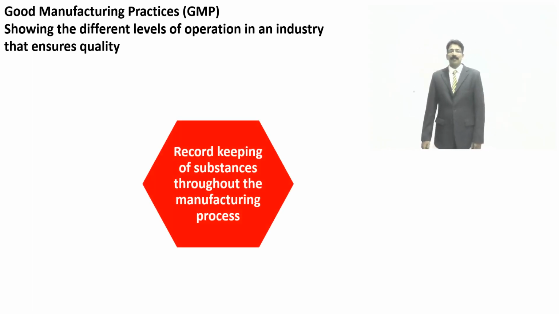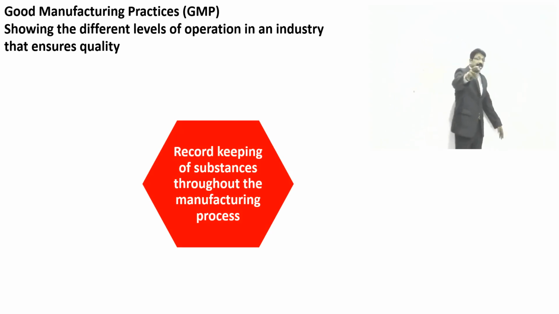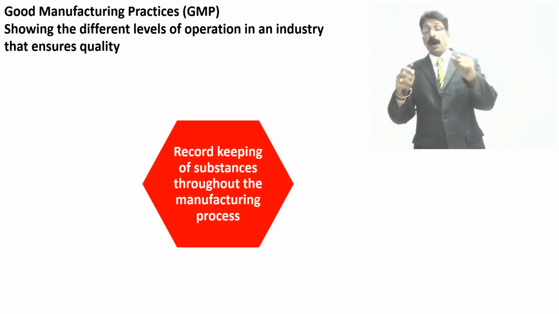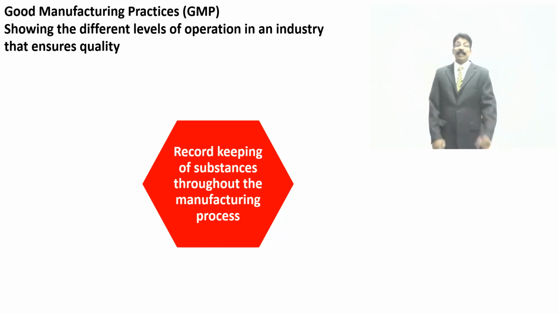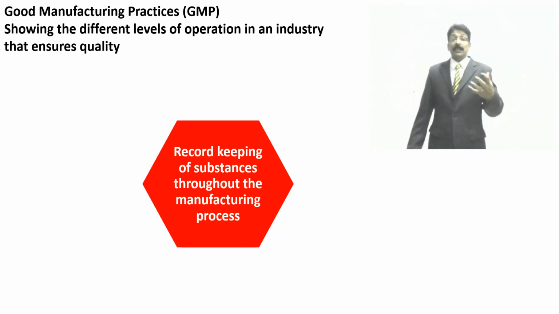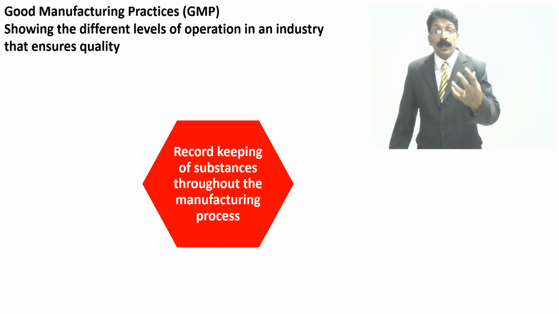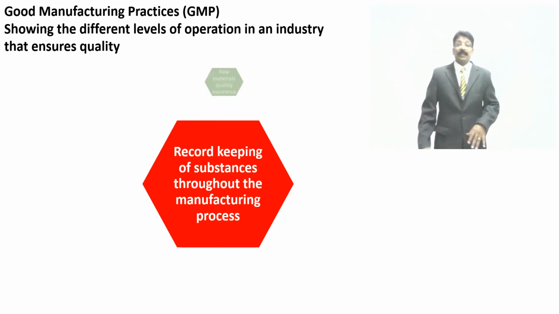You can see some of the points. This is what I told you, to remember some of the colors and the points which I made so that students can remember. Record keeping is part of good manufacturing process: record keeping of substances throughout the manufacturing process.